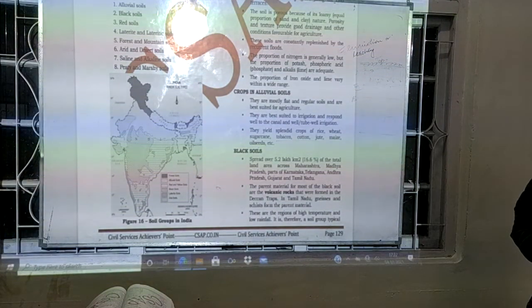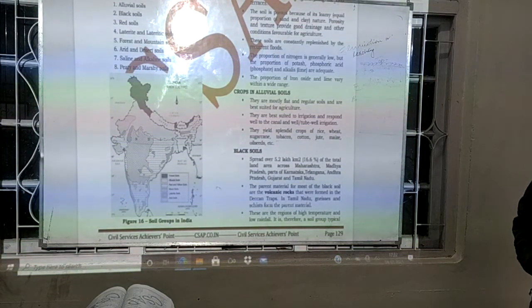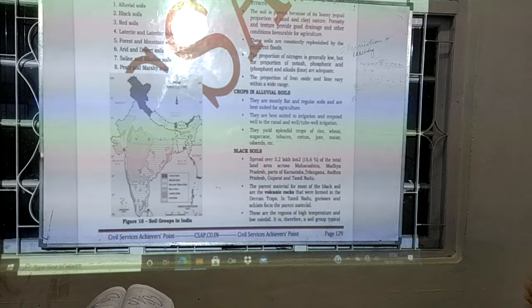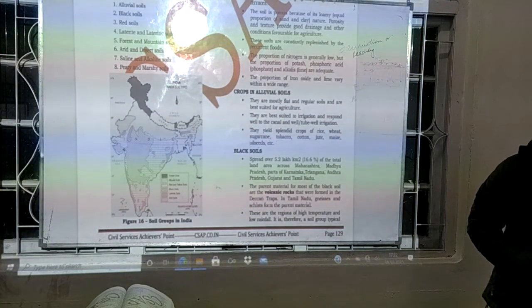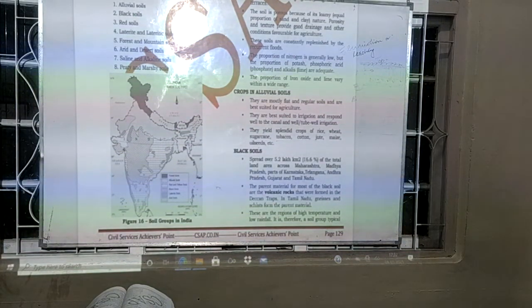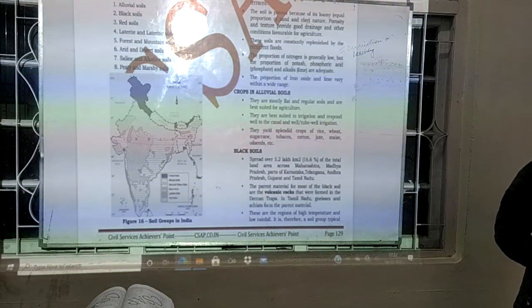So that means what? It has to be very hard, no? If we have to make bricks, it has to have that capacity. Laterite. Where do you think we find this kind of soil? Okay, very high temperature. So we have a lot of laterite soil in the northeast.